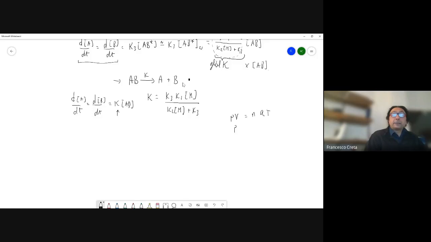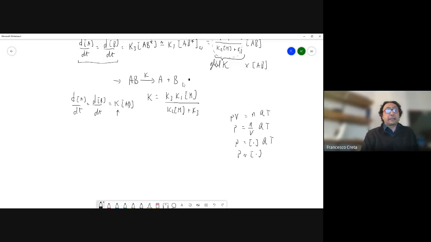So if we divide by the volume, you see that the number of moles divided by the volume is a molar concentration times RT. So you see that P and molar concentration are clearly related, okay, at constant temperature. So if you increase the pressure, you increase the molar concentration, okay?